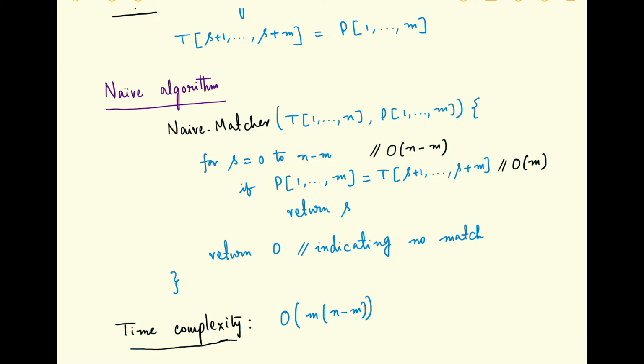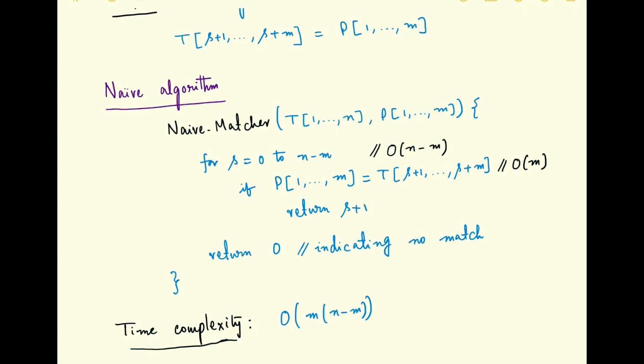So it simply runs a for loop from S equal to 0 to n minus m and checks whether the pattern P[1..m] exactly matches with T[S+1..S+m]. And if it finds a match, then it returns S plus 1 where the match was found.